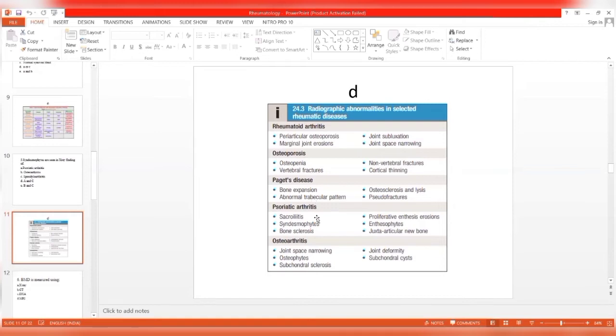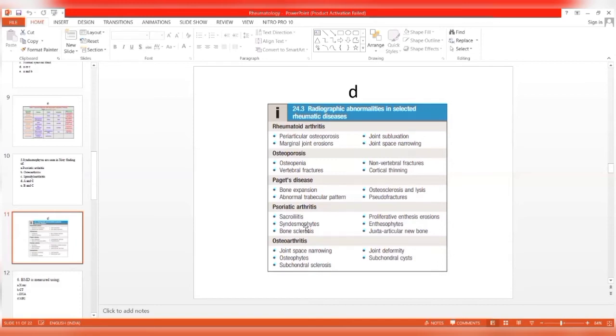Then psoriatic arthritis. In psoriatic arthritis, there is sacroiliitis, proliferative enthesis erosions. Enthesis we all know, no? Where the bone joins the muscle or tendon, it is known as enthesis. And in case of psoriatic arthritis, there are proliferative enthesis erosions. Then there are syndesmophytes. This is what we have seen in the previous question.